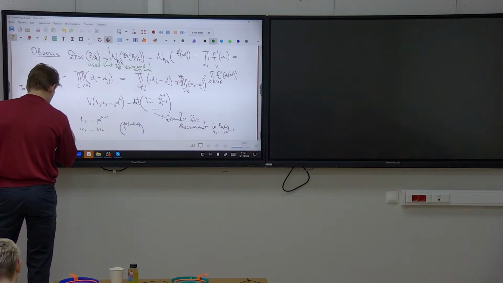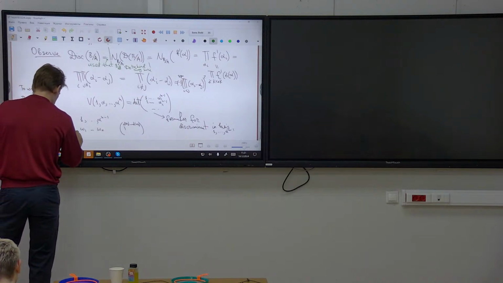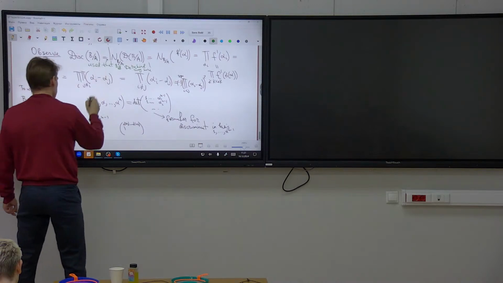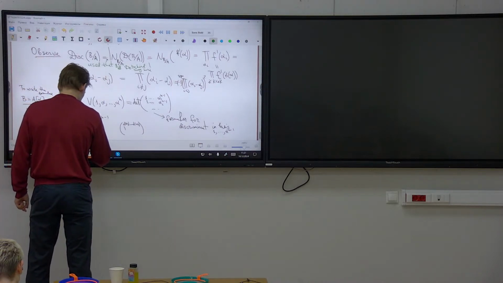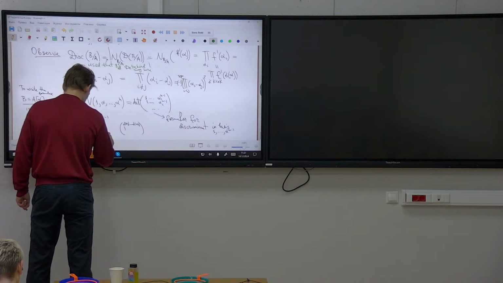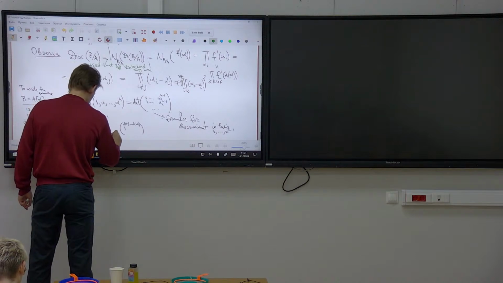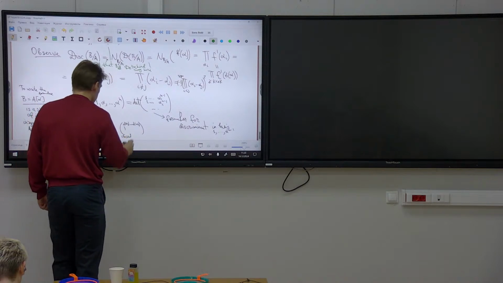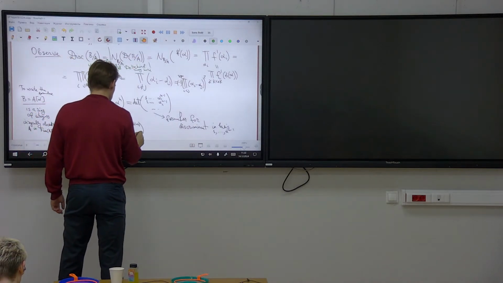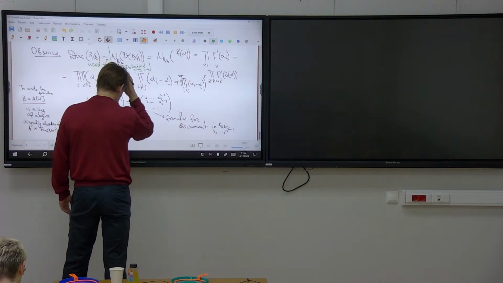If B is not integrally closed, the discriminant can be larger.